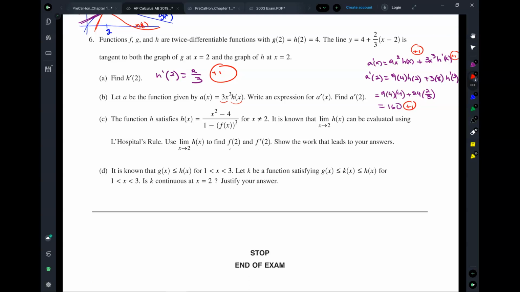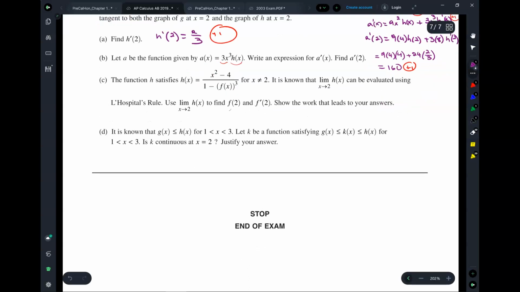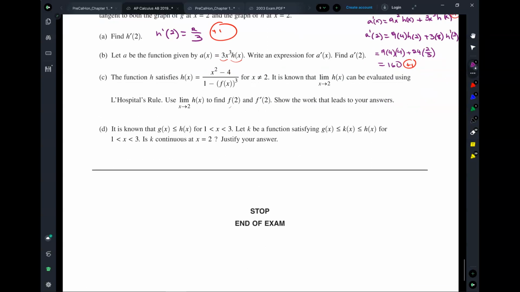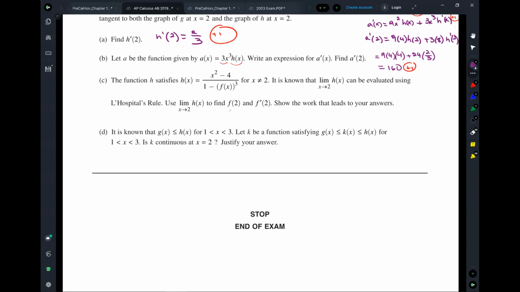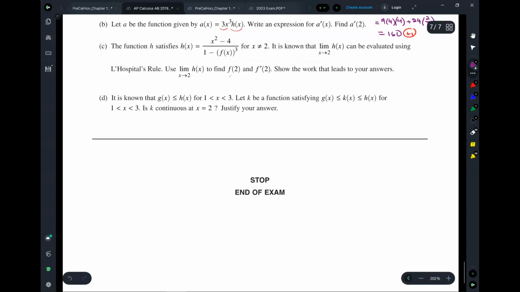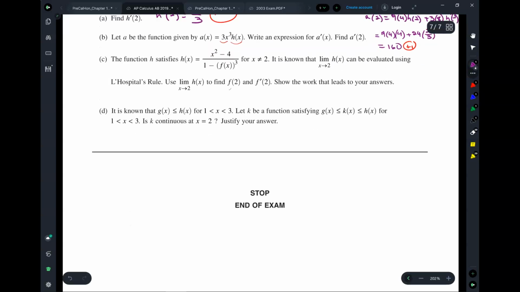Okay? All right. So here, what is f of 2 in this case? If we use L'Hopital's rule, that means the limit as x approaches 2 of 1 minus f of x cubed should equal 0.